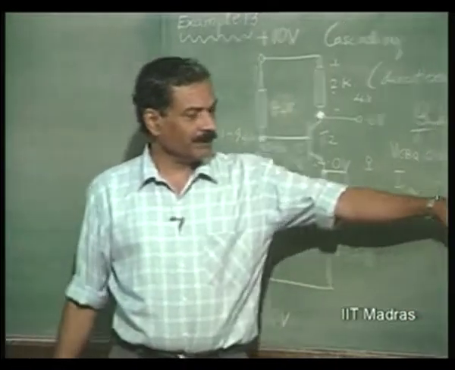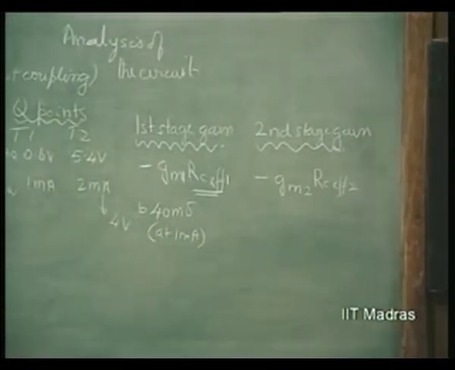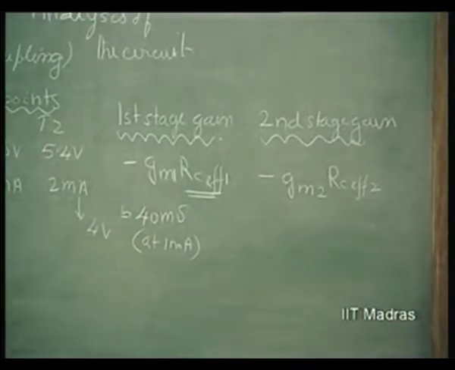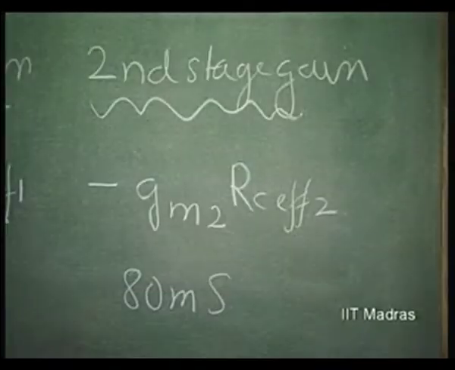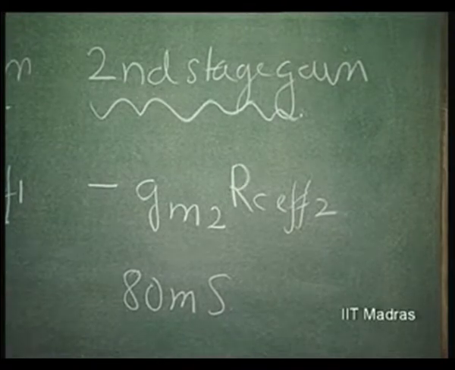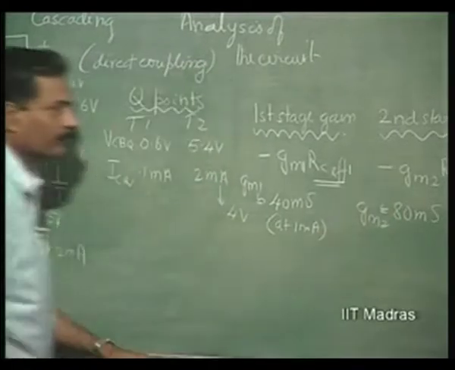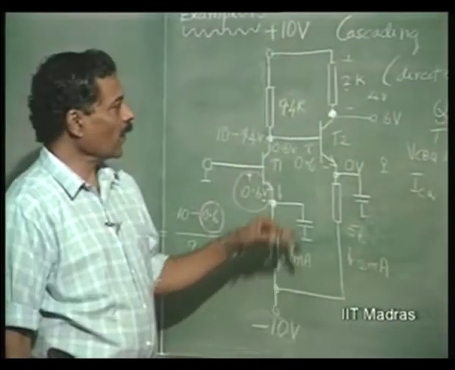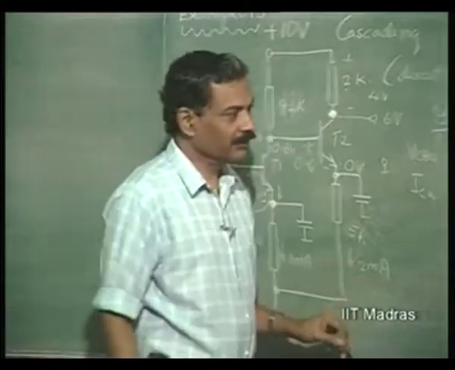If this is 40 millisiemens, that should be 80 millisiemens, double. So, this is 80 millisiemens and RC effective is 2K, nothing has been connected further.